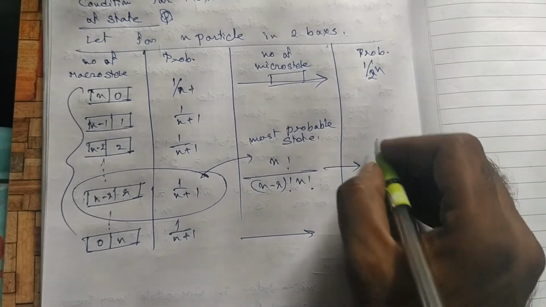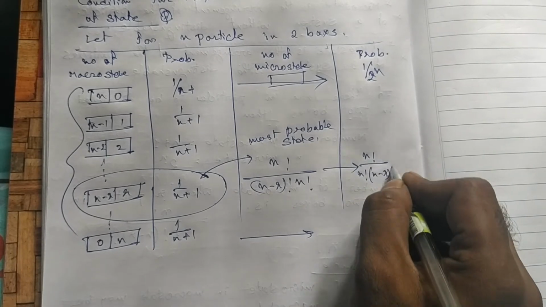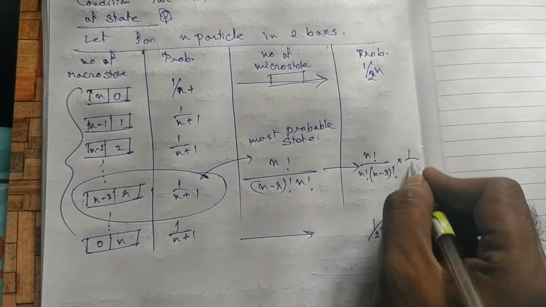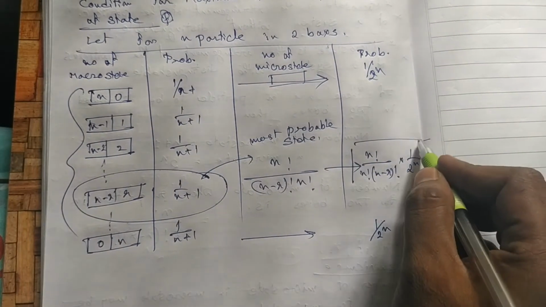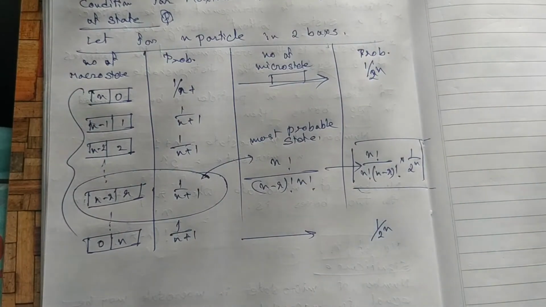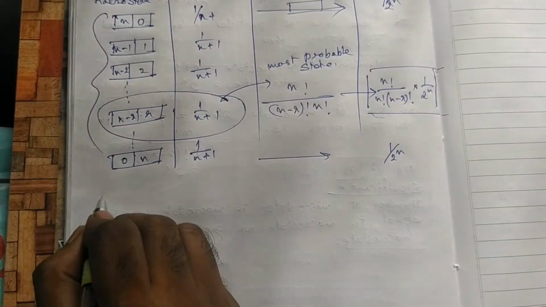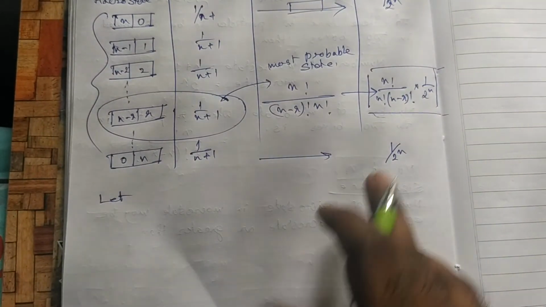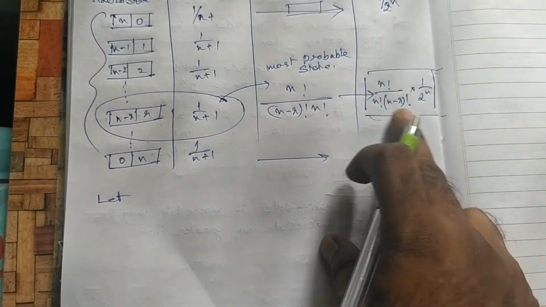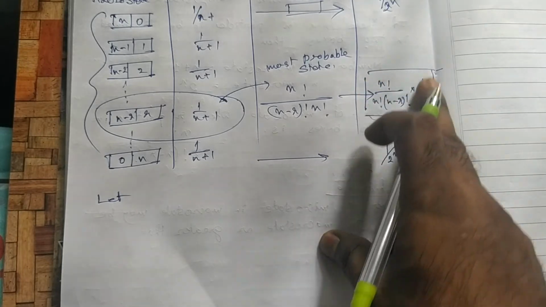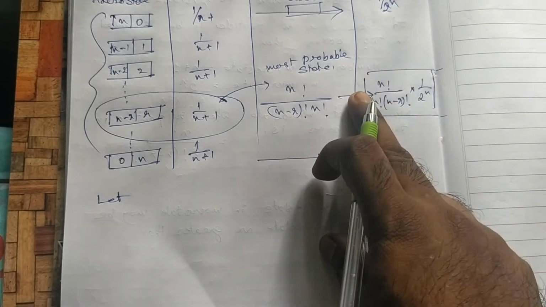In the case of the most probable state, the probability is n factorial by (n minus r) whole factorial r factorial into 1 by 2 to the power n. This is the probability distribution for the most probable state.